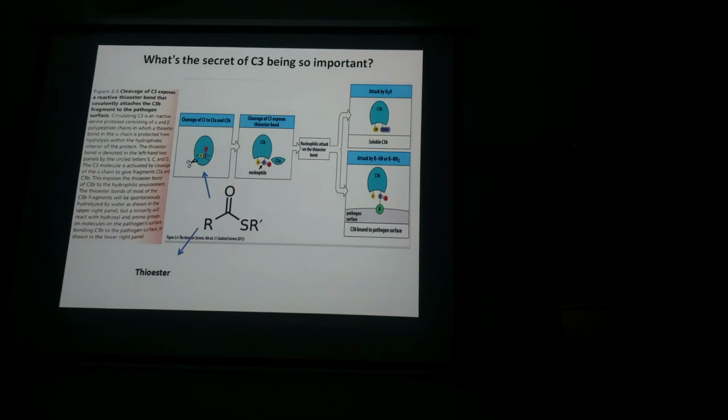So there are more chances for C3b to become bonded to the surface of the pathogen and coated there. And that is the start of the process, how the complexes are made, or how the pathogens are killed. That's the first thing that should happen if the pathogen has to be killed or neutralized inside the body.